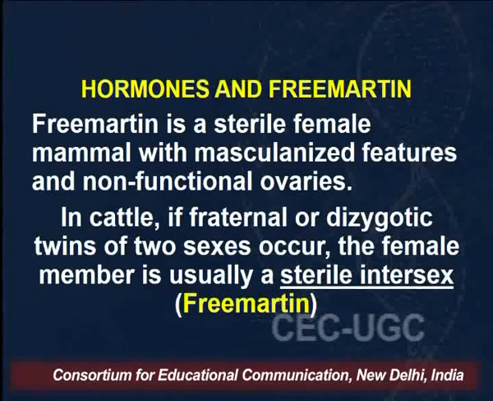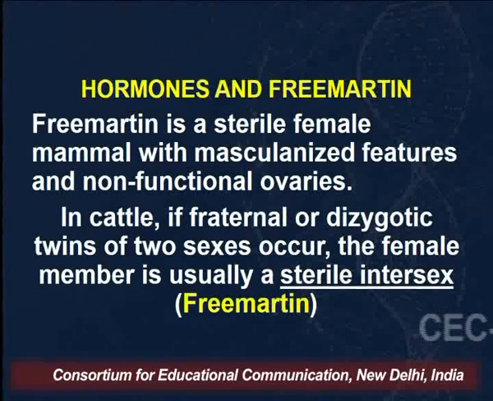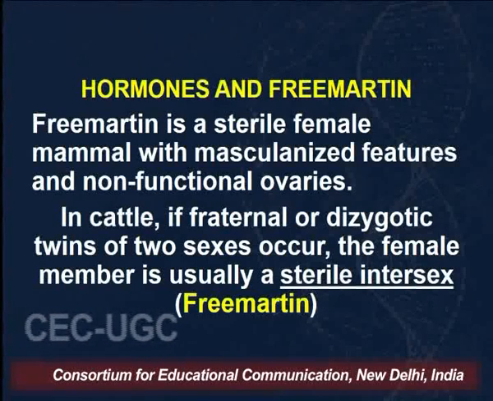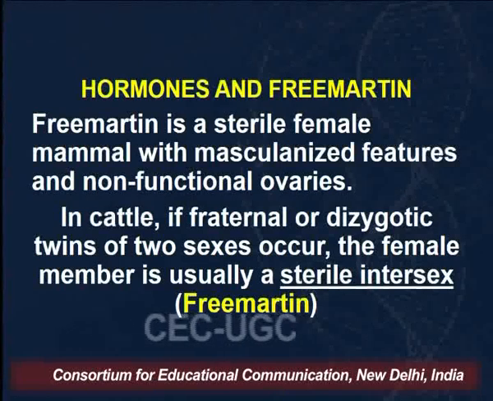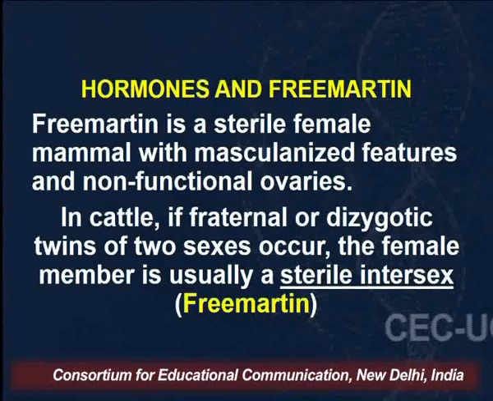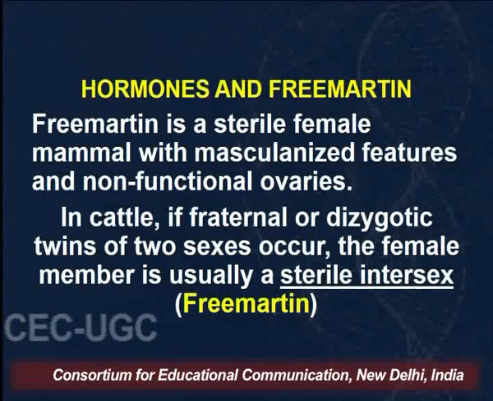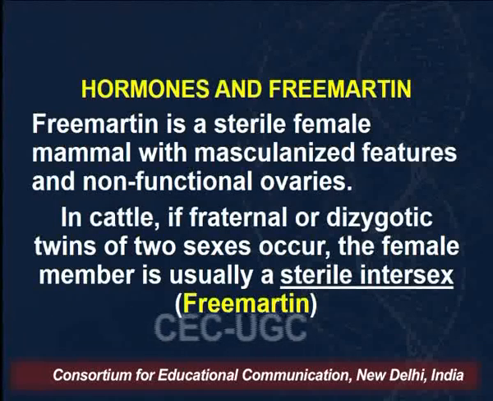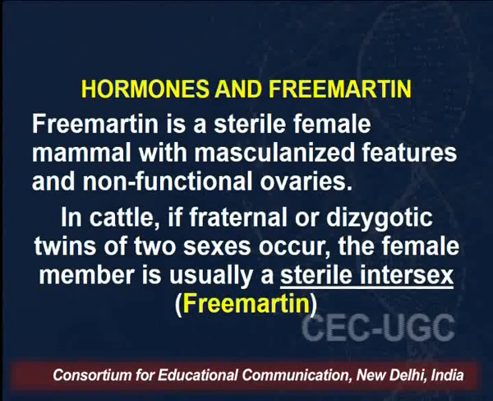You must have seen, even on Indian roads, many of the cows moving around who look like females externally, but are not sexually viable. So in cattle it is very common, and actually they are intersex.